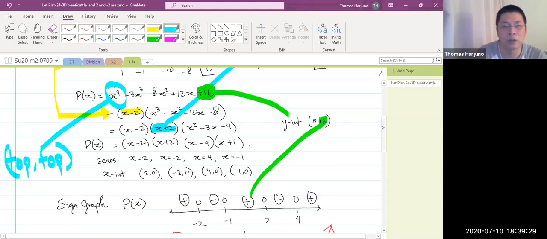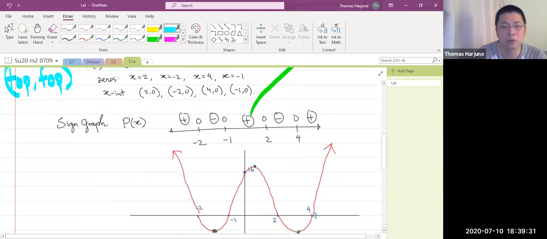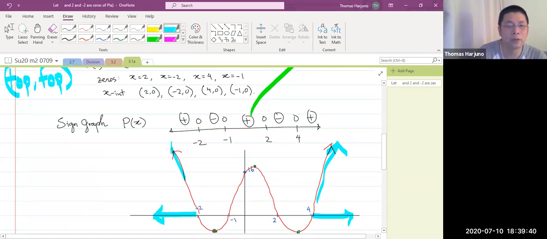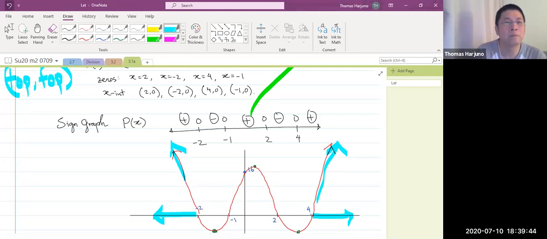Right, and look at the graph. When you go very far to the right, the value actually explodes to infinity. When you go very far to the left, the value of the function also explodes to infinity. Okay, that's what we learned yesterday. Let me clean this up.